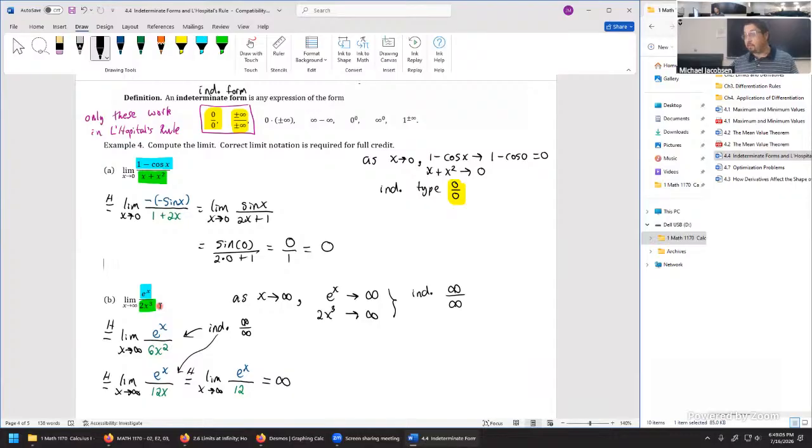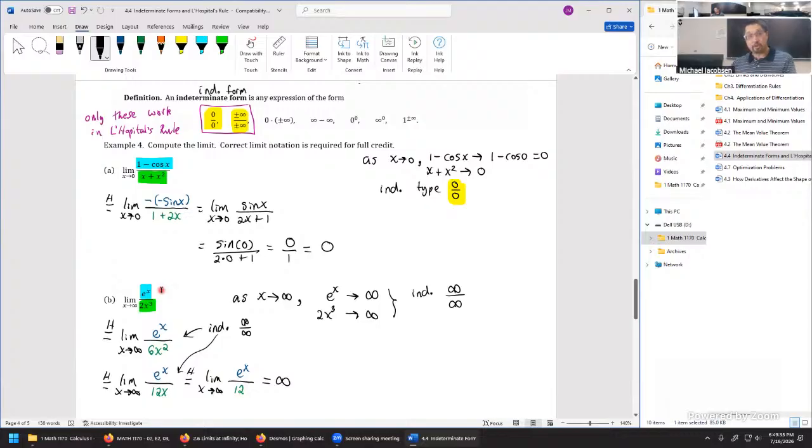In the short run, the denominator grows really, really fast, much faster than e to the x. But in the long run, as x gets larger and larger, the exponential growth eventually takes over. It's heading towards infinity much faster than any polynomial you put in there, no matter what degree. And so the conclusion to an exponential divided by any degree polynomial is always infinity, no matter what.